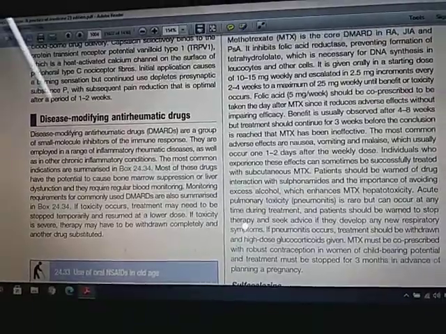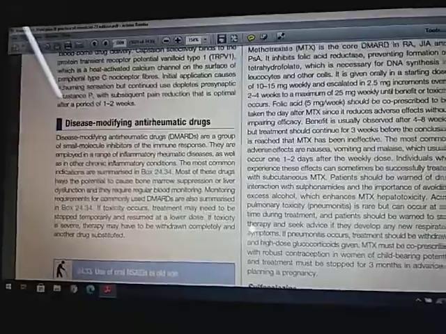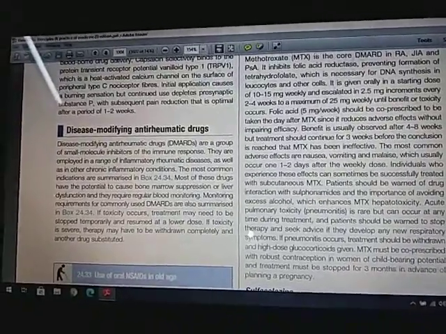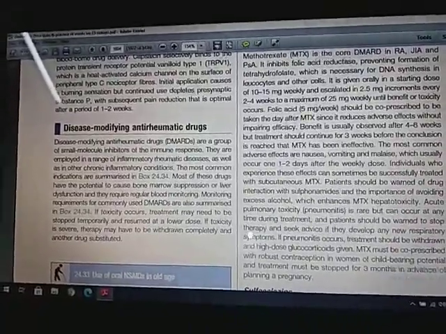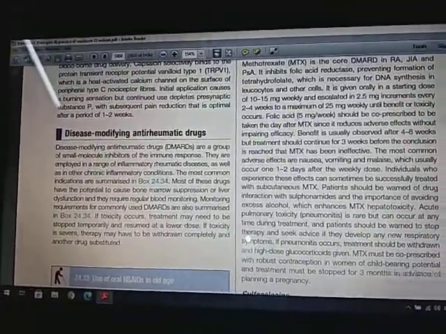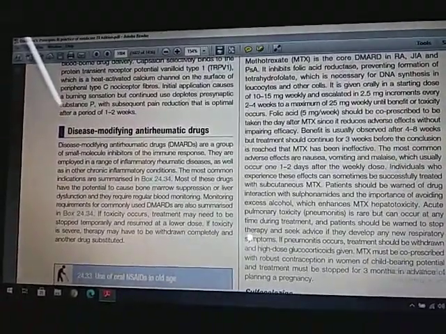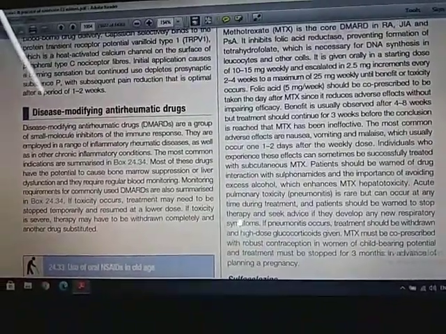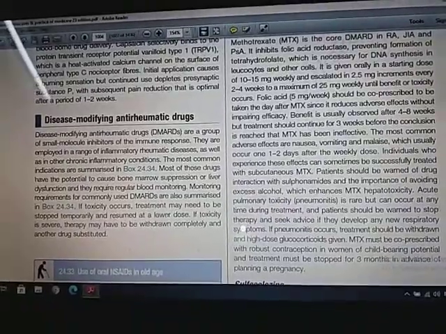Their mode of action is not fully understood. They are used when the diagnosis is solid and there is active arthritis for more than 6 weeks.